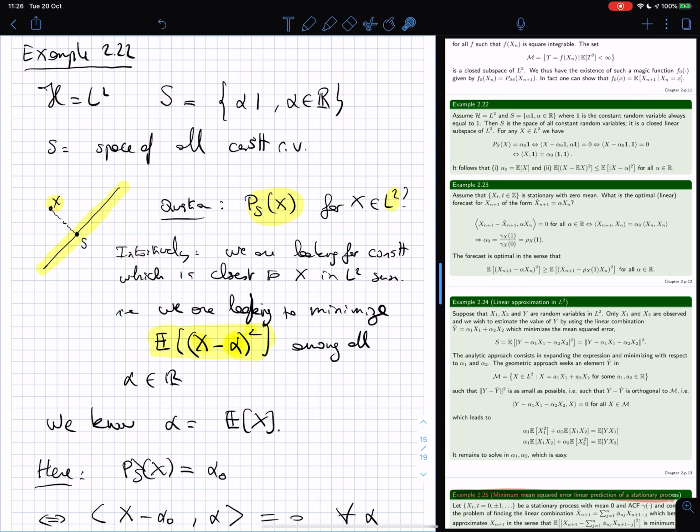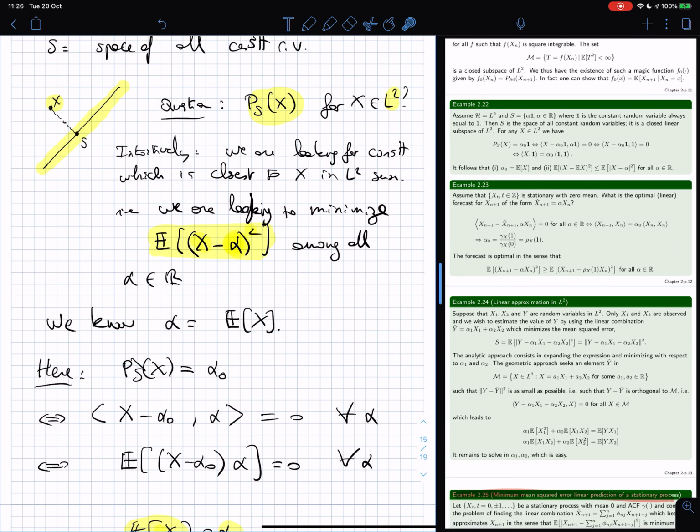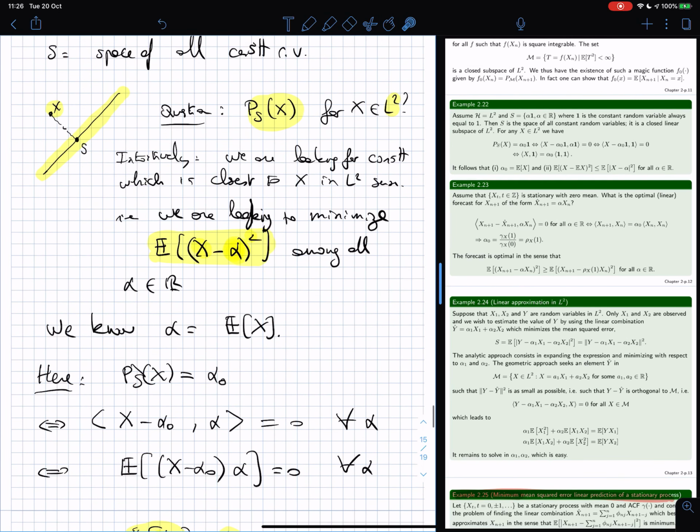the mean. But we can see this again by using the projection theorem and saying that in order for an element here in the set of all constants to be close to x, we need to find it in such a way that x minus this guy is orthogonal to all constants.